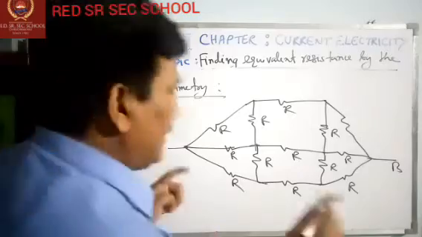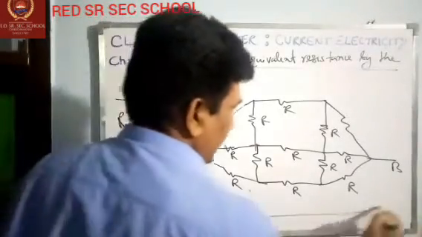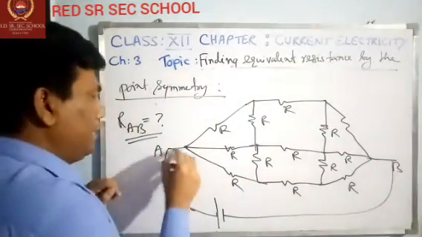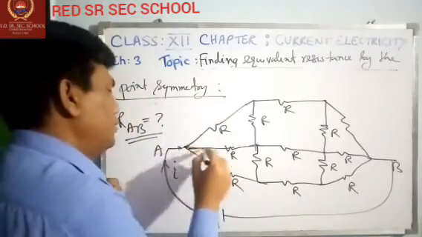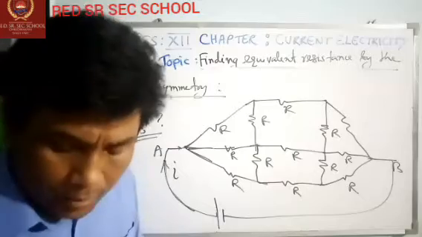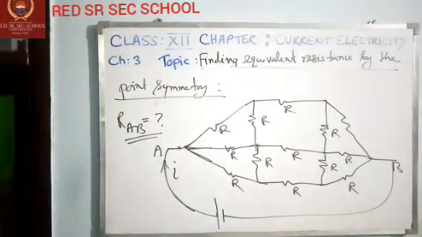See, I need to find out the resistance between A and B. It means you are imagining a battery connected from A to B. Current will go. Now you see the current will be divided into three parts, 1, 2, 3. But now the question is whether the current will be equally distributed. You have to check it.